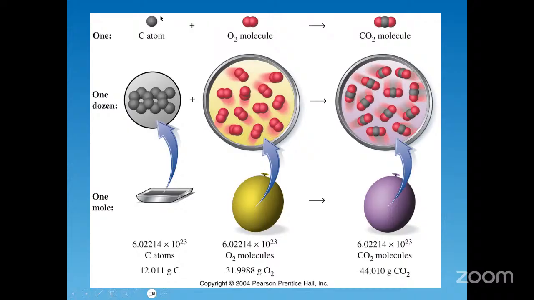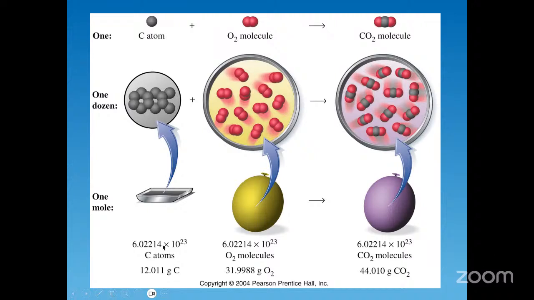So if you were to extend this from 1 to 12, and 1 to 12, and 1 to 12 here, you see the same relationship. In other words, 1 dozen, 12 carbon atoms, will react with 12 oxygen molecules to form 12 carbon dioxide molecules. So if you increase the amounts proportionally to Avogadro's number, which is, again, that very huge number, 6.02 times 10 to the 23 atoms of carbon will react with the same number of oxygen molecules to produce the same number of carbon dioxide molecules, right?